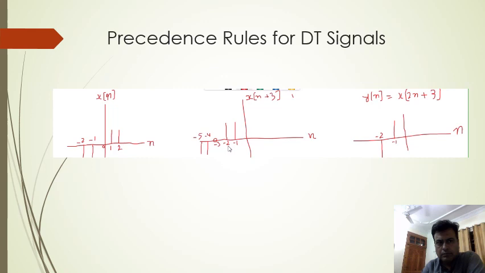The point which exists at n equals -2 will also be divided by 2, so it will be there at n equals -1 in signal x of 2n plus 3. And the value present at n equals -1 will also be lost, because when it is divided by 2, it goes to the point -0.5, which is not an integer.